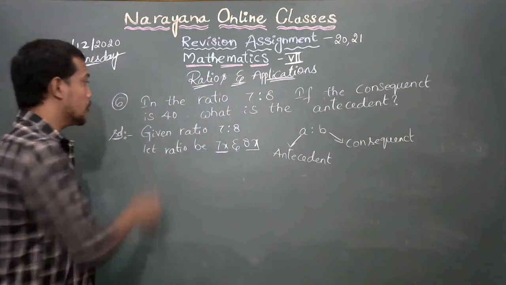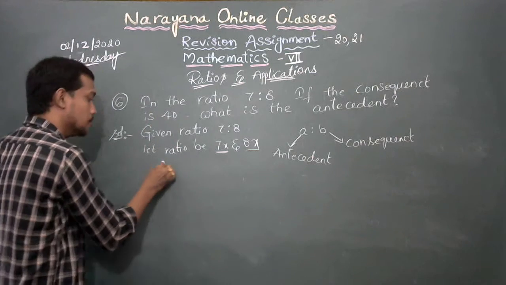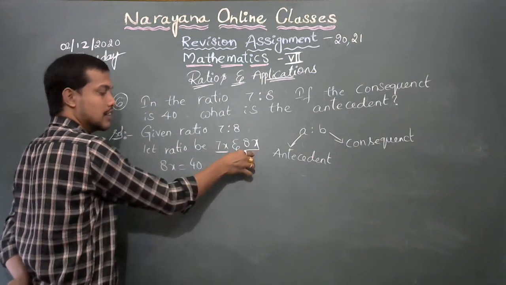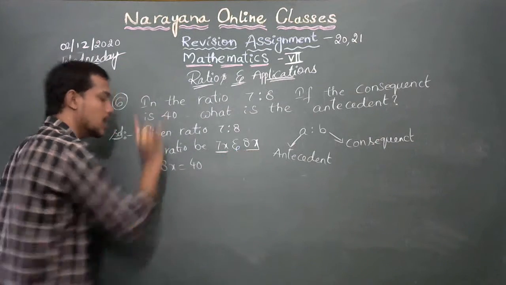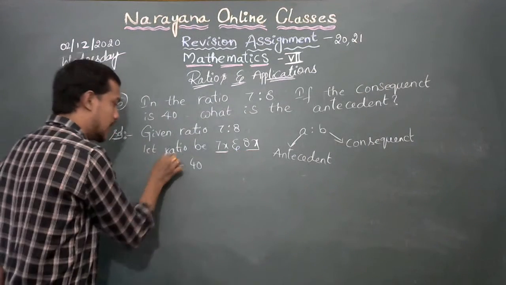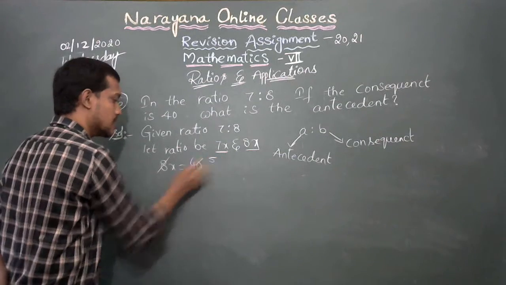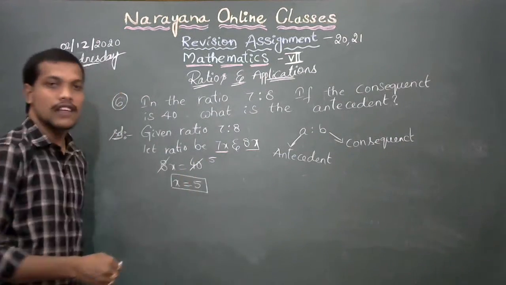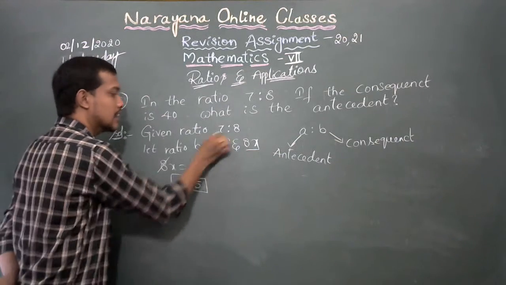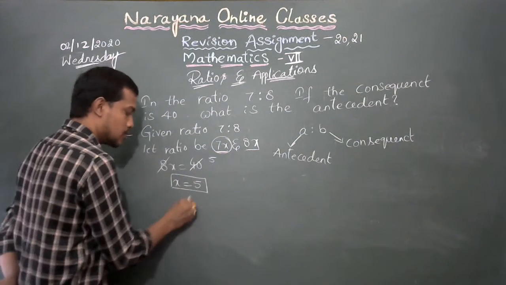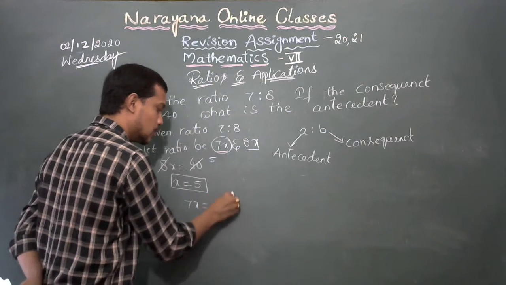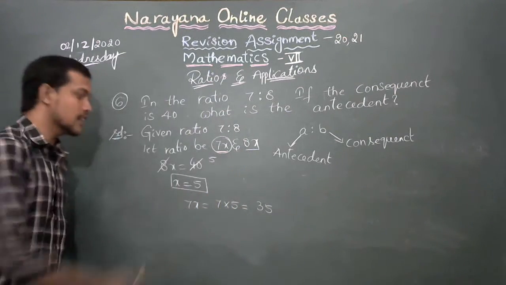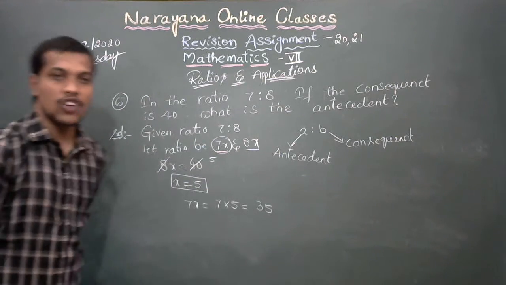Already we know the consequent value, so 8x equal to 40. 8 5s are 40, so we get x value as 5. Now we can easily find the antecedent, which is 7x. 7x is equal to 7 into 5, 7 5s are 35. So the antecedent value is 35 and the consequent value is 40.